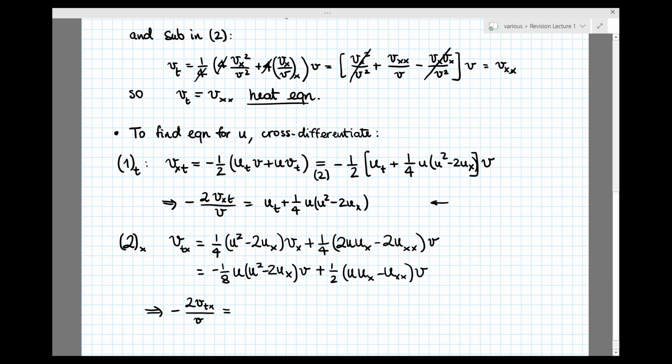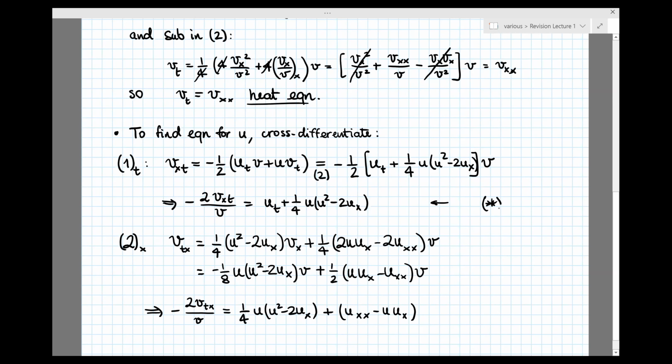So I get 1/4 U (U squared minus 2Ux) from the first term, and the second term I need a minus sign, so I'll write plus Uxx minus UUx.